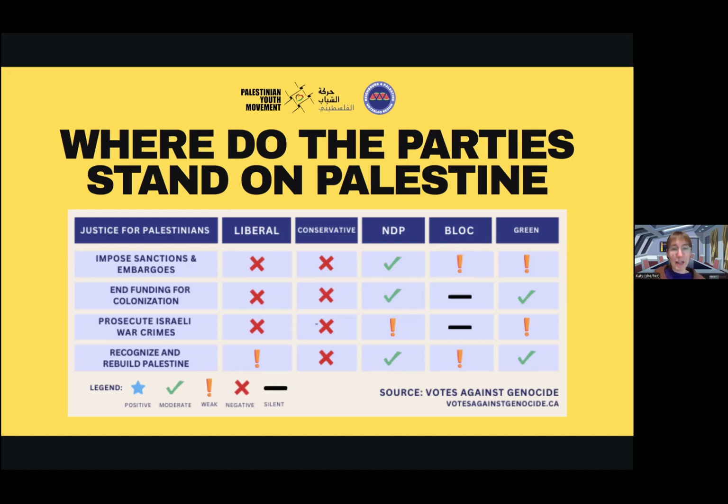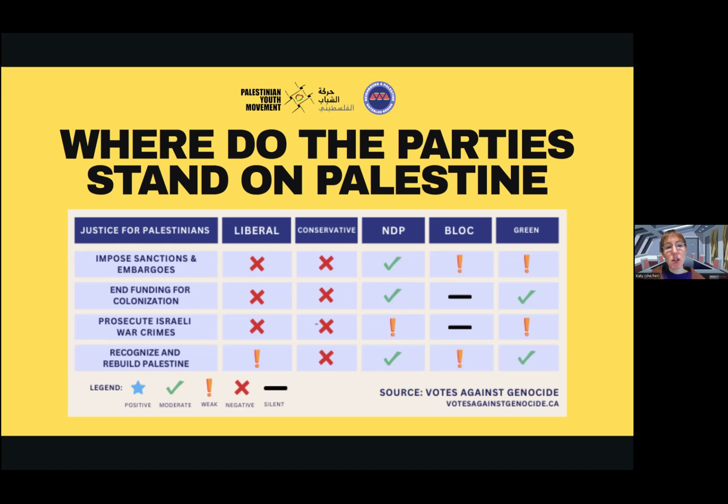The platform has been endorsed by Palestinian solidarity groups across Canada. We've also been sharing these scorecards on social media, so you can share them in that way, or there's a website, which I think Jessica will drop in the chat at some point, that has the scorecards and a lot of the information that I'm going to go over today.